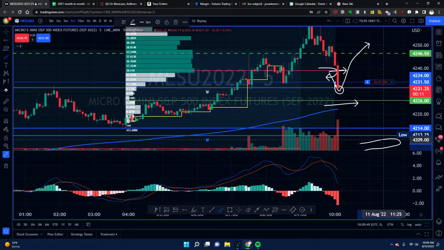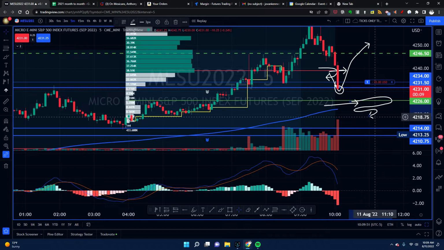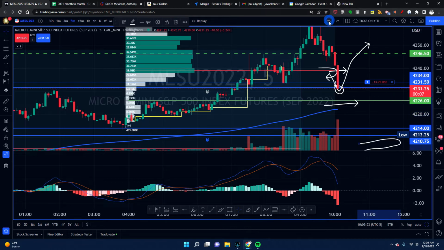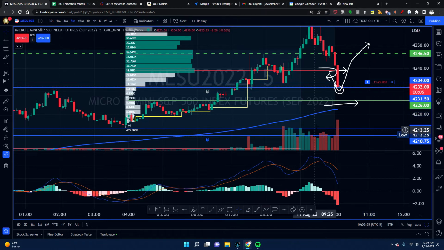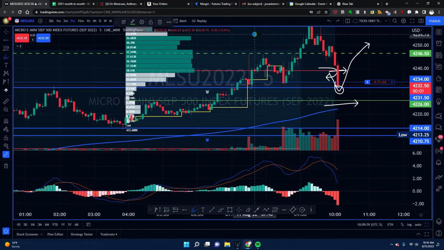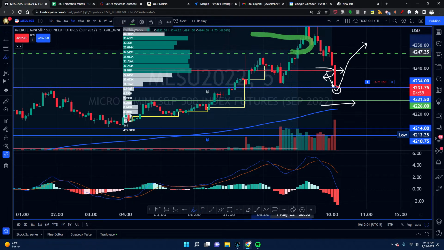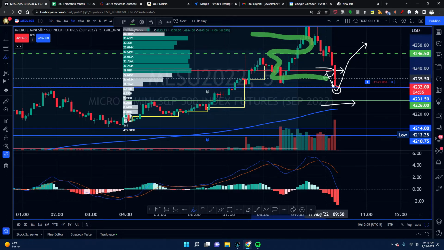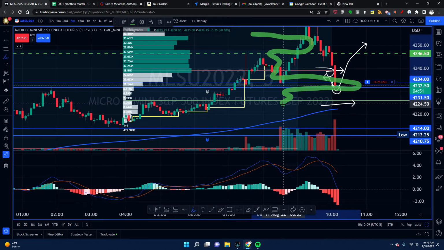let me move that up. The profile is typically node, no space, no space, no space, high value node, no space, no space, no space.